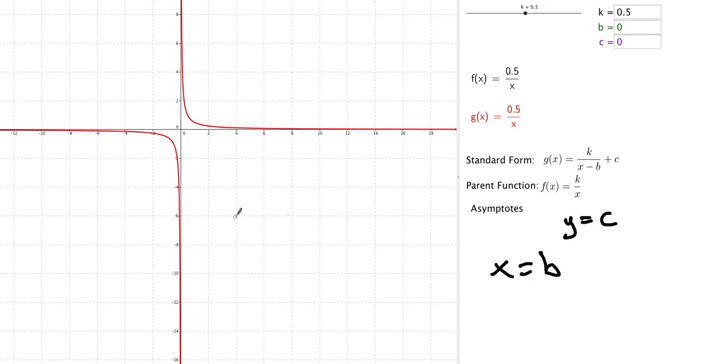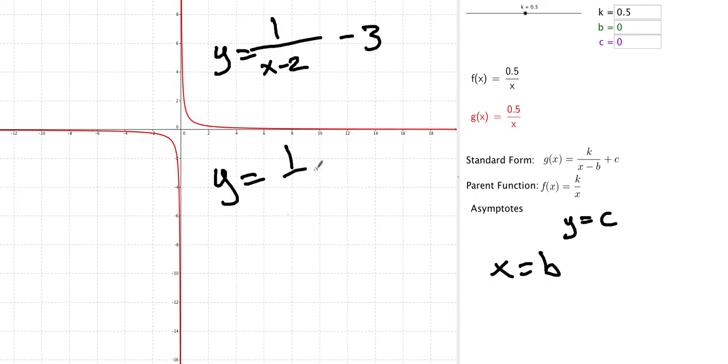Example 5 in your book says, sketch the graph of y equals 1 over x minus 2, minus 3. A good way to do these problems is to think about what your parent function would look like. The parent function for this graph is y equals 1 over x. It's just the k value, which is here, over x.